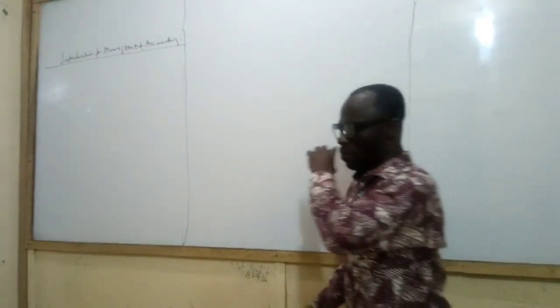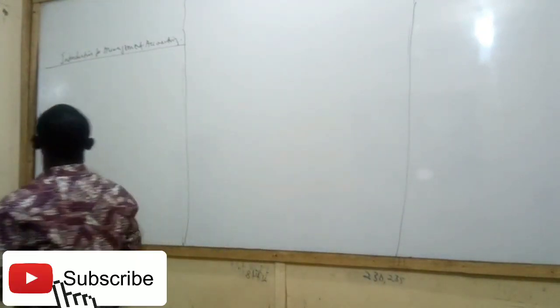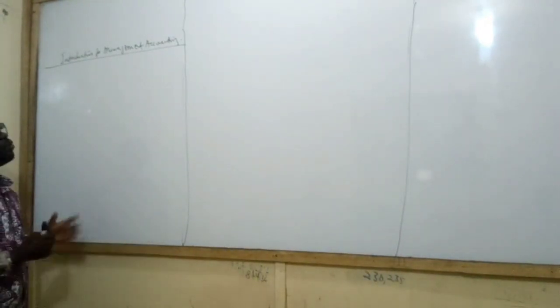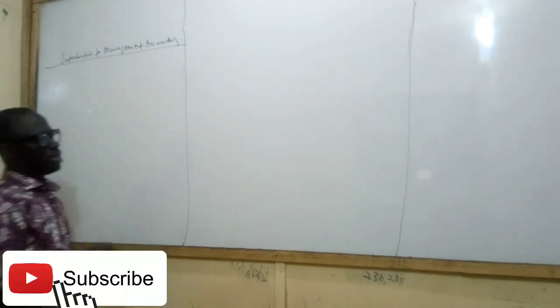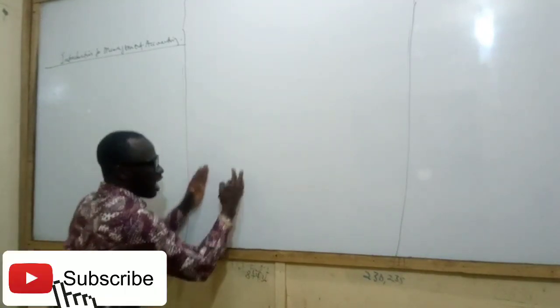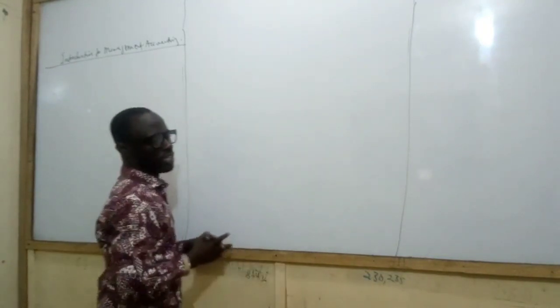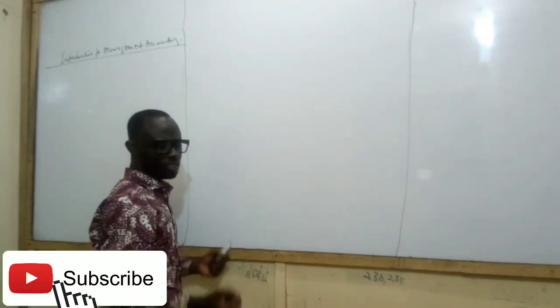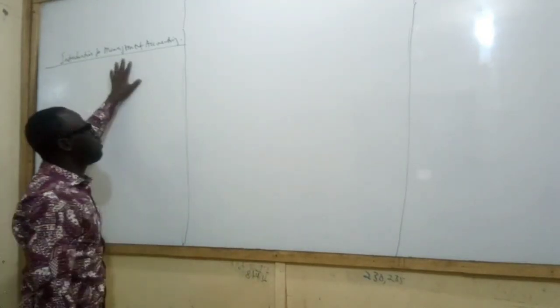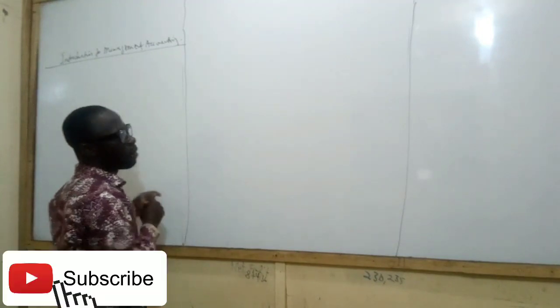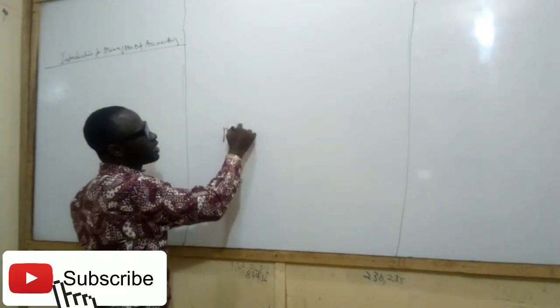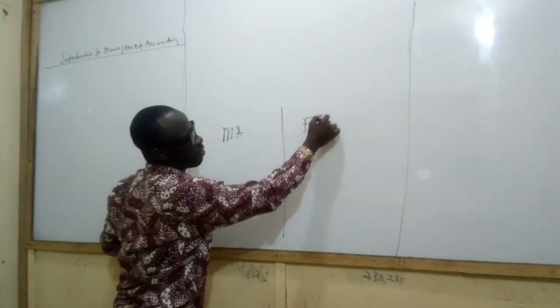Now, when it comes to management accounting, basically what we are looking at is how we can provide information to management in order for them to make decisions. At this level, we can talk about differences between management accounting and financial reporting.